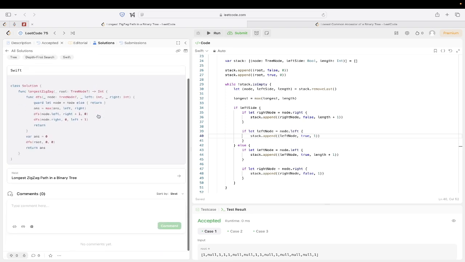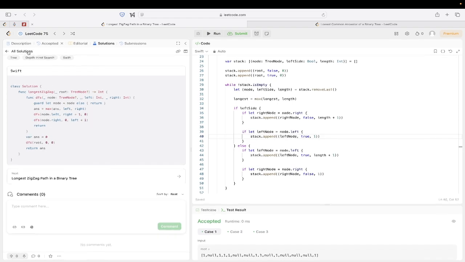A lot of people are using two functions.